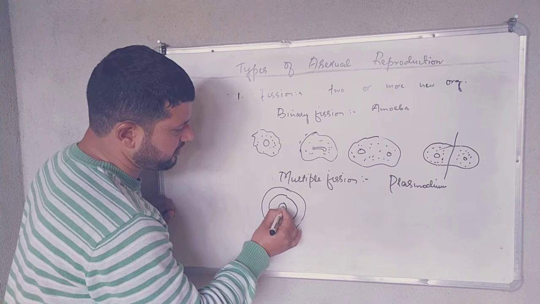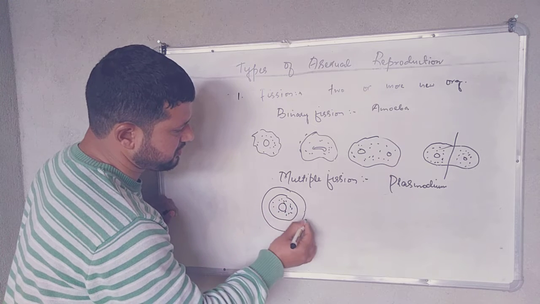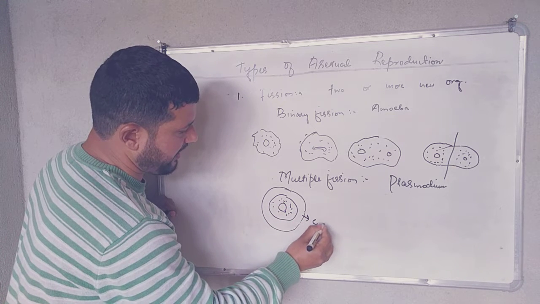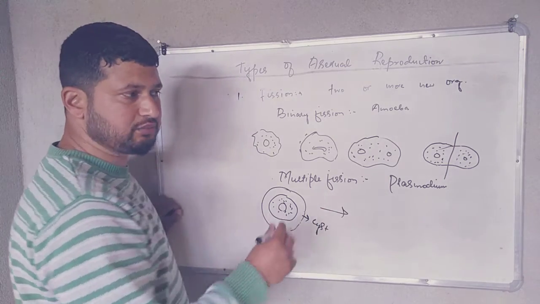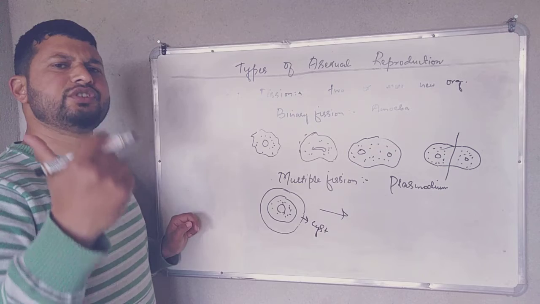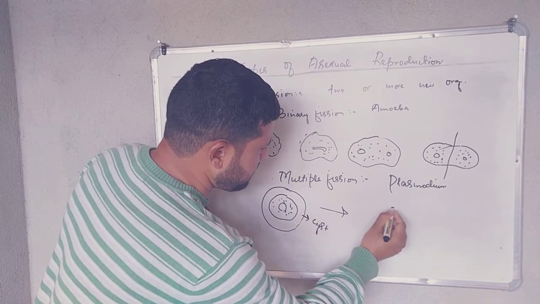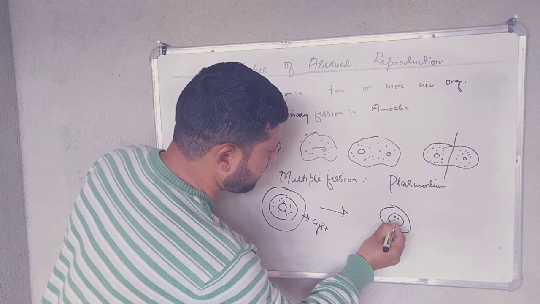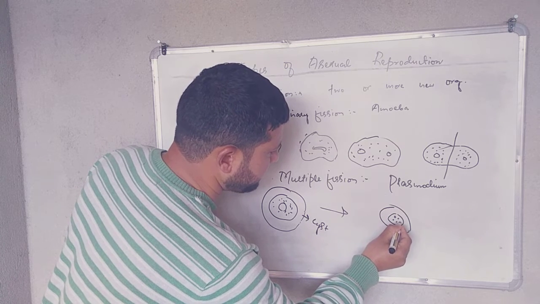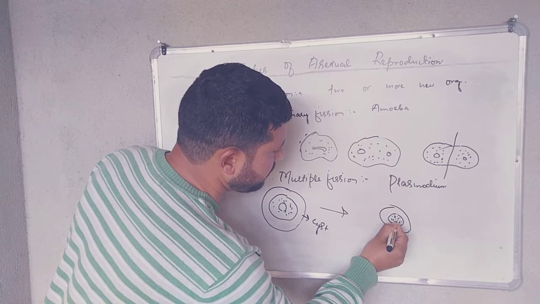This tough covering is known as the cyst, and inside this cyst the nucleus of the Plasmodium divides into several small nuclei like this, and the plasma also gets distributed around these nuclei.